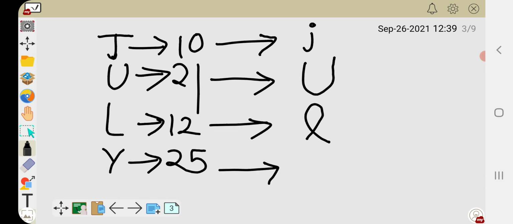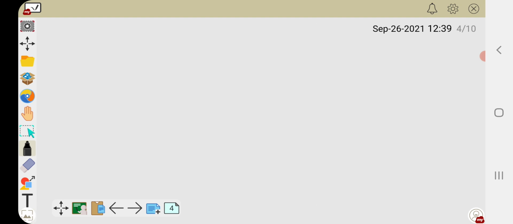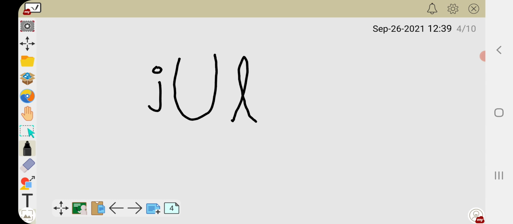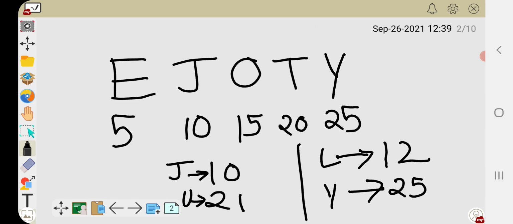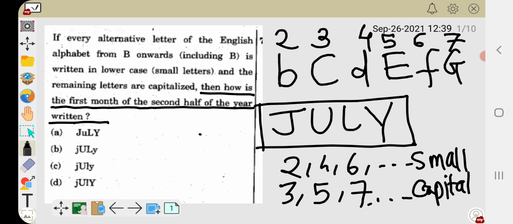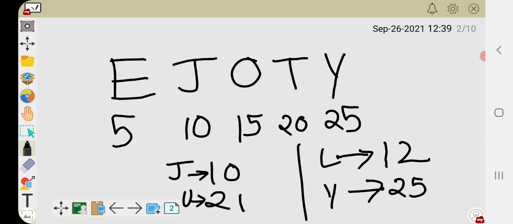Y is an odd number, so it will be denoted as capital Y. So our coding will be j, capital U, small l, capital Y. So the answer will be j, capital U, small l, capital Y. Option D is our right answer for this question.